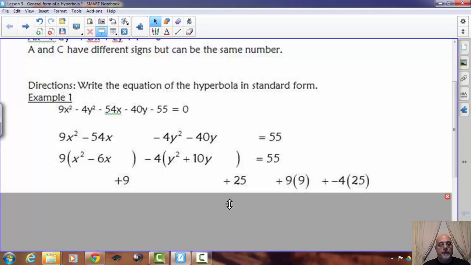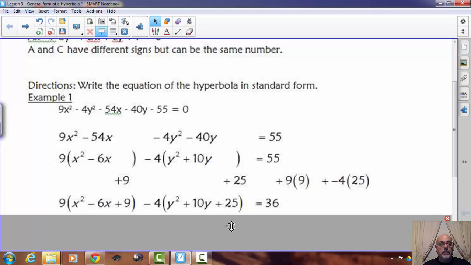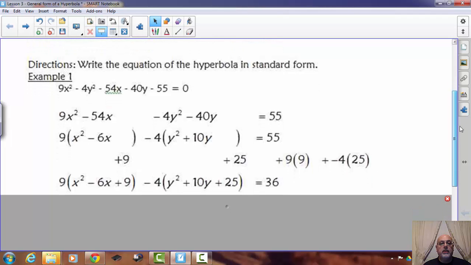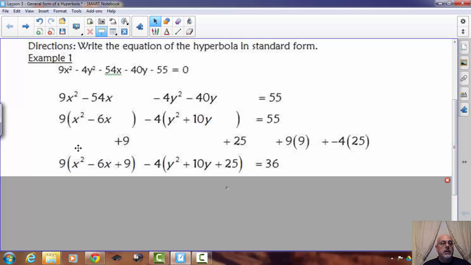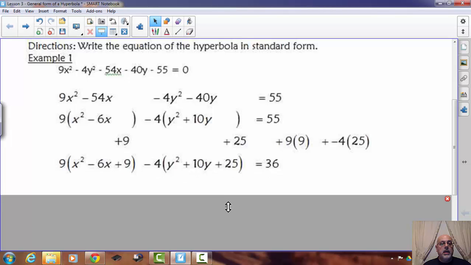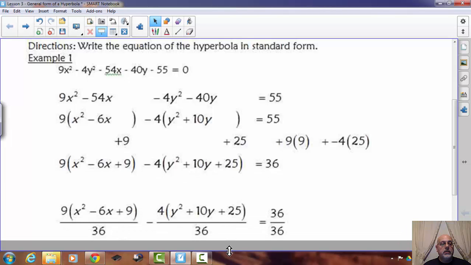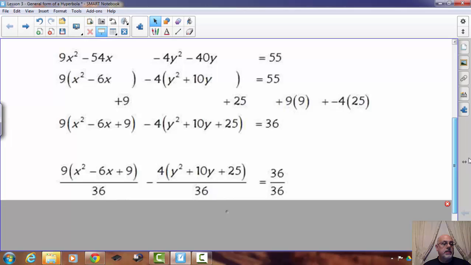Okay. So the right side of the equation is 36. The left side, just like we were doing with the square and the ellipse, we force these two in the parentheses to be perfect square trinomials, and we know that they will factor to a binomial times itself.